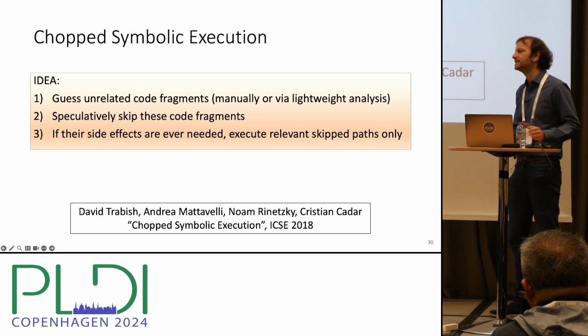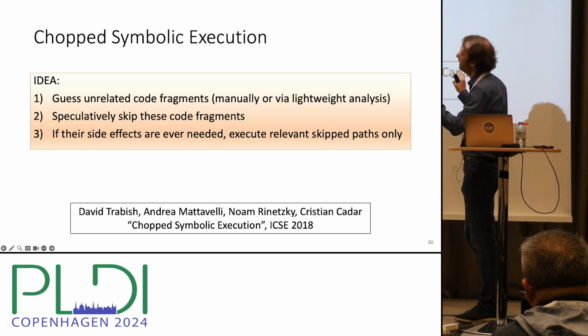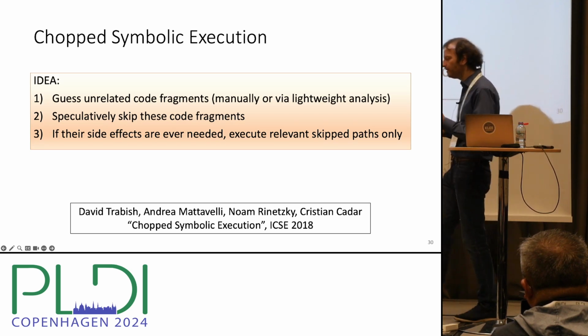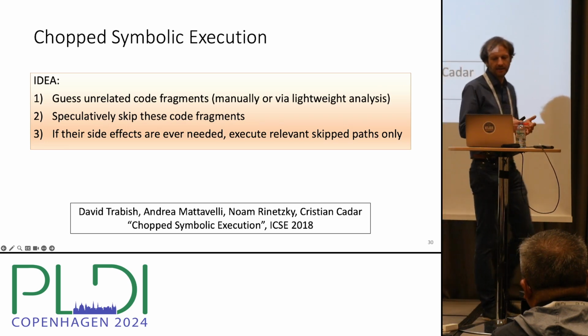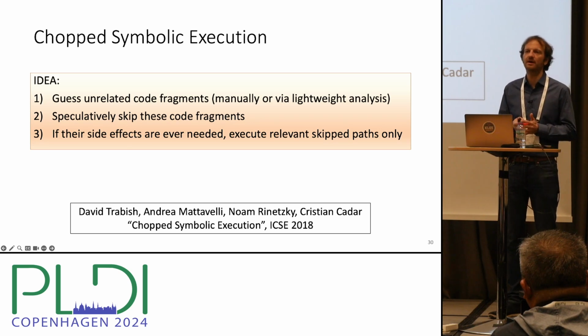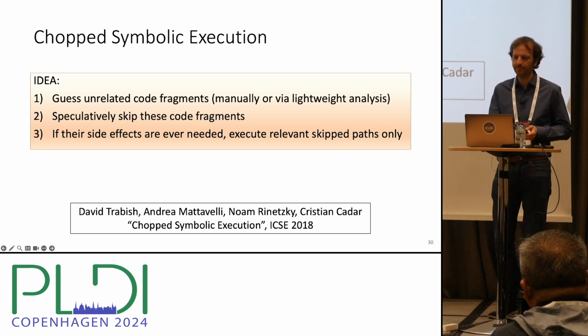Then we're going to speculatively skip these code fragments, eliminating them essentially from the program. Only if we discover later on that there are side effects, that what the code has done actually turned out to be important for my execution, I'm going to come back and try to execute the relevant paths through the skipped code.